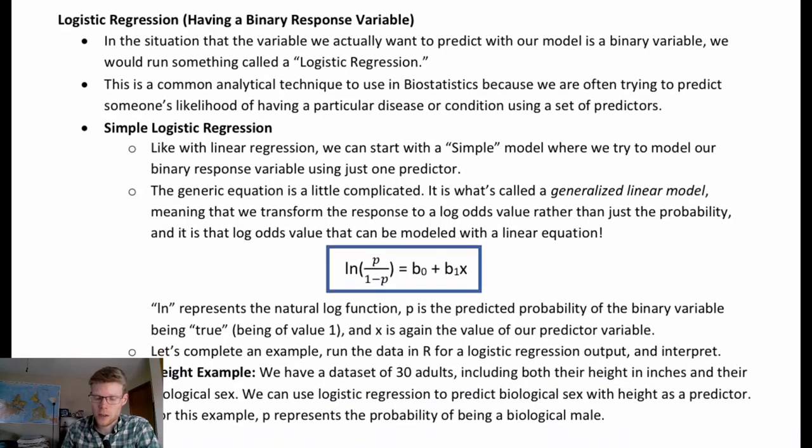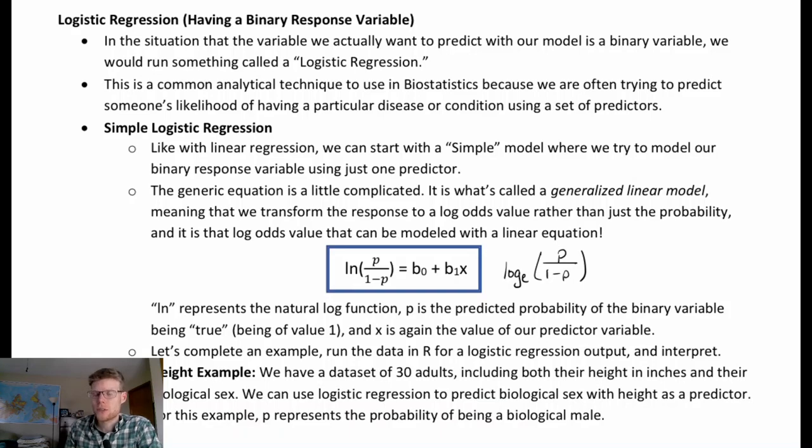And this ln stands for the natural log, so the log with base e of the probability of this particular outcome happening, so the probability of one particular of the two outcomes, divided by 1 minus that probability.